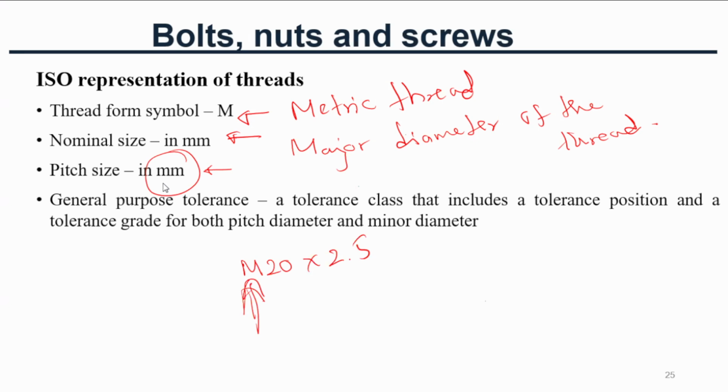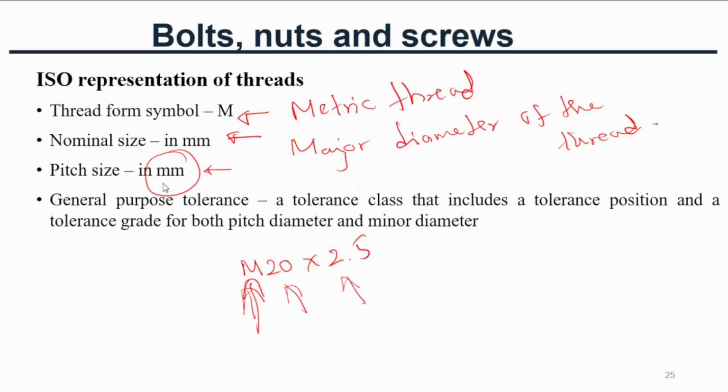If M is there, we say it's a metric thread, which means we deal with millimeters, not inches. So this is an ISO metric thread. Then the nominal diameter is 20 millimeters. Pitch is 2.5.